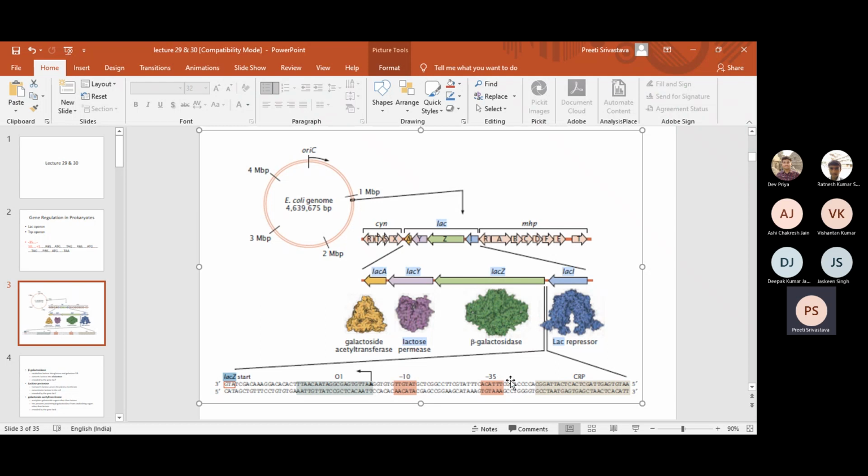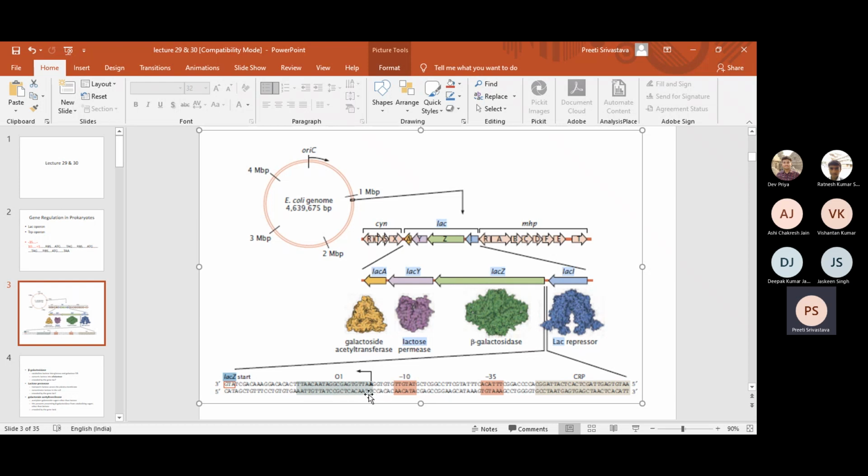Upstream of this minus 35 region is the binding site for another protein called CRP. CRP stands for cyclic AMP receptor protein. And what is cyclic AMP receptor protein? I'll be telling you in a second. What is shown in gray, shaded, is the operator, shown as O1, and the operator is the sequence onto which the lac repressor binds.